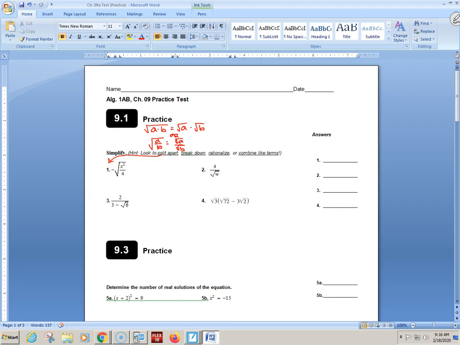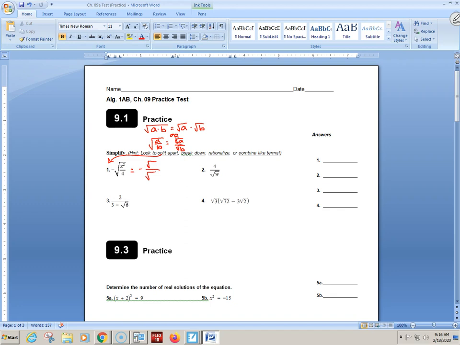I have a big old square root of a fraction that I can split up to be radical top over radical bottom. Good notes to be taking, Jeremy. Splitting up would be great for number 1. Just a quick hint though. When you do split this guy up, that negative needs to stay outside and be a part of the answer.